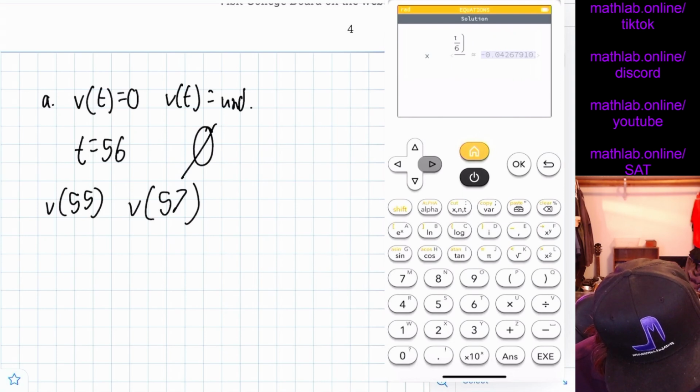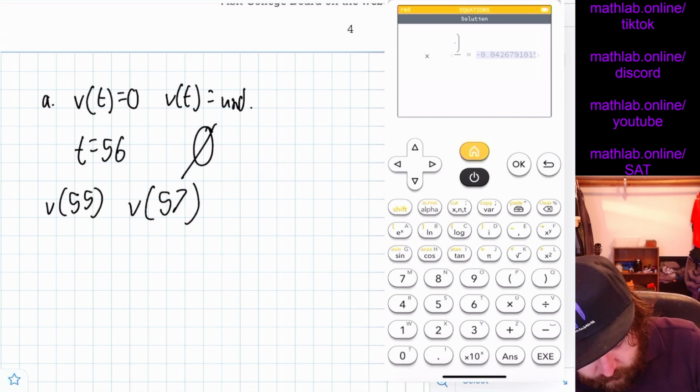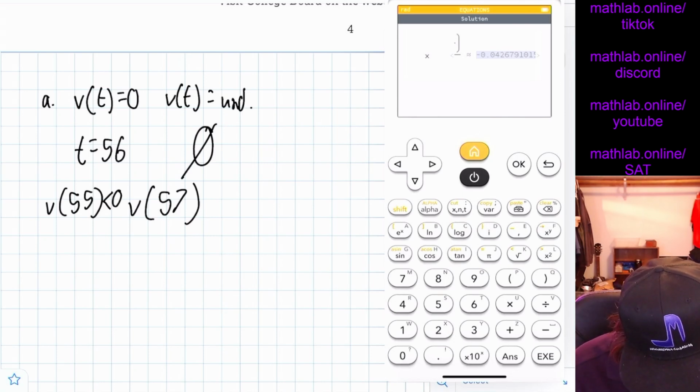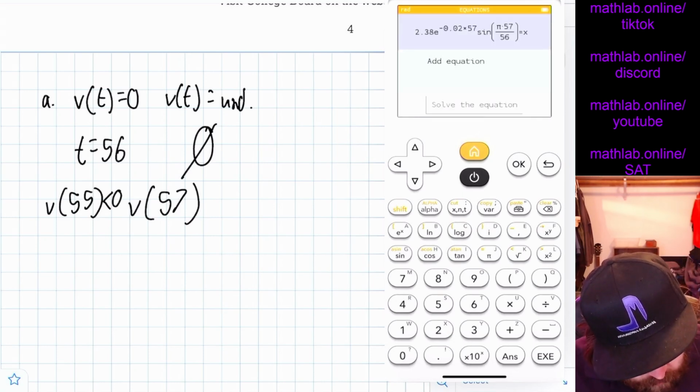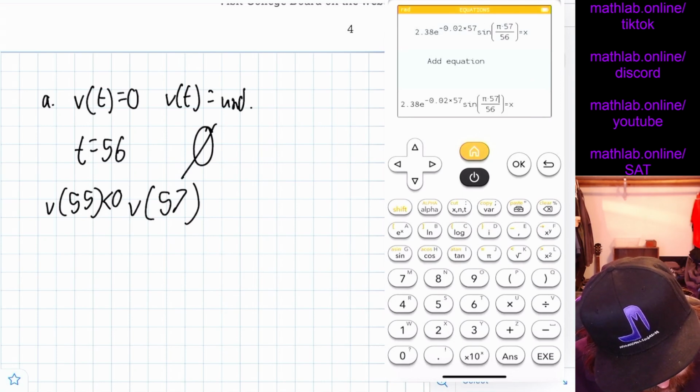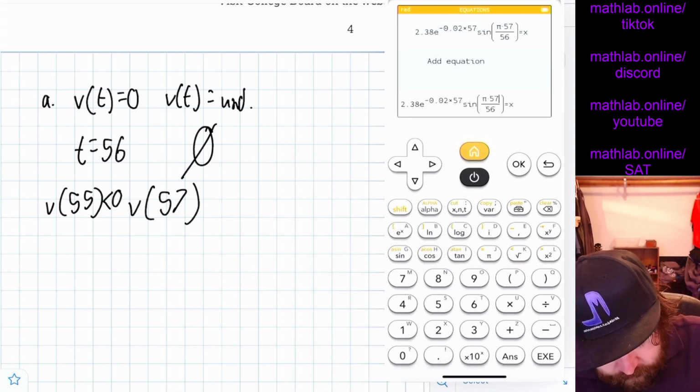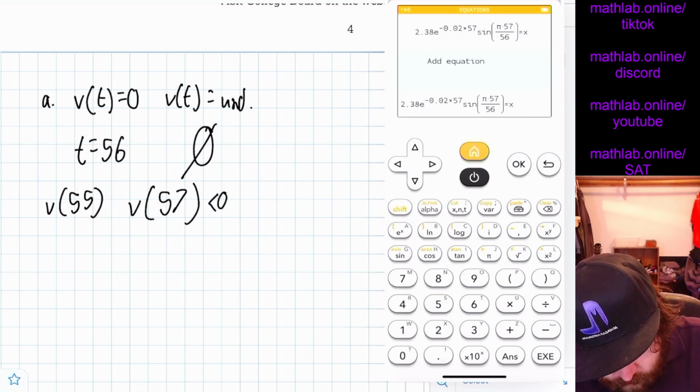Love it. Negative. v of t is less than 0. But then when we change this to, ooh, that was 57, less than 0.